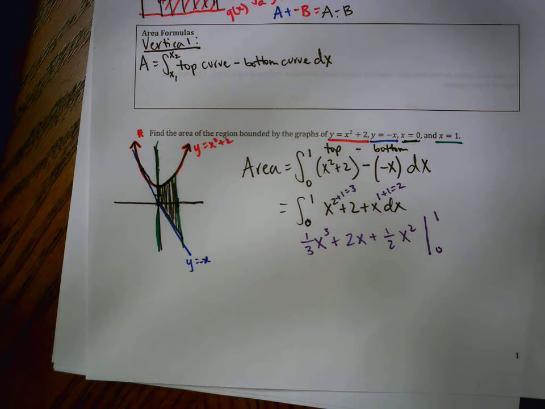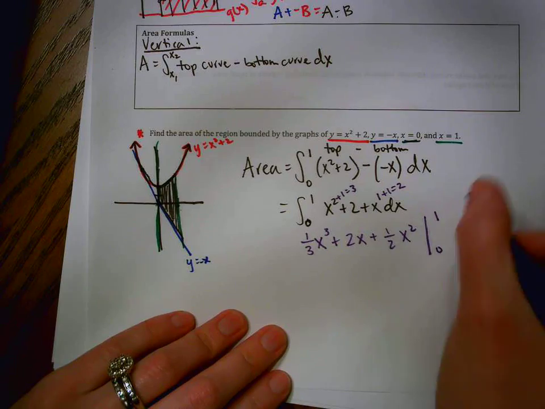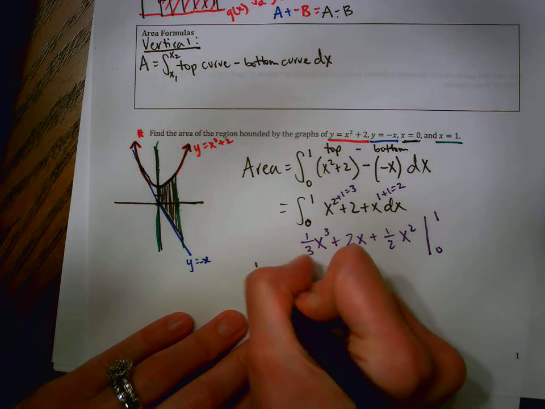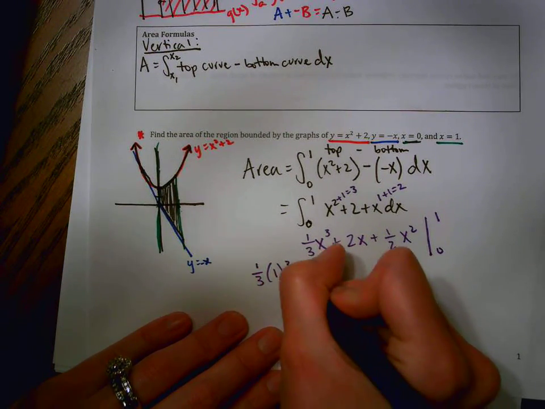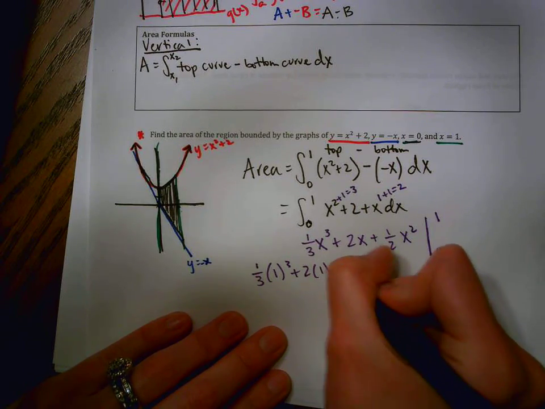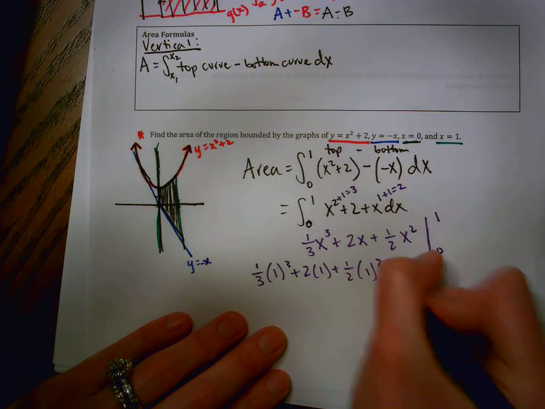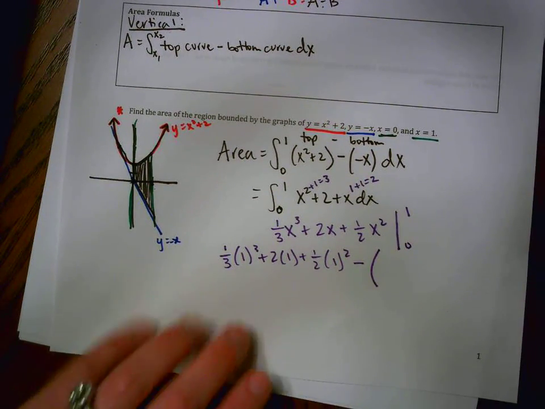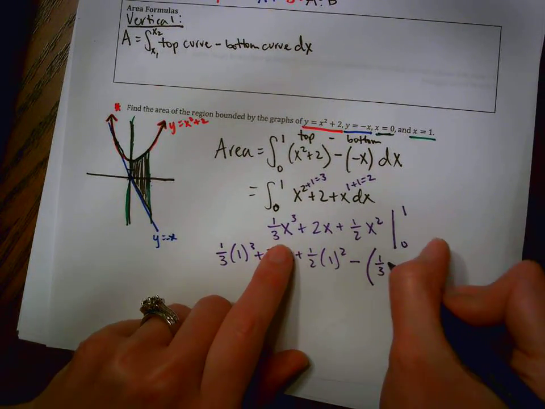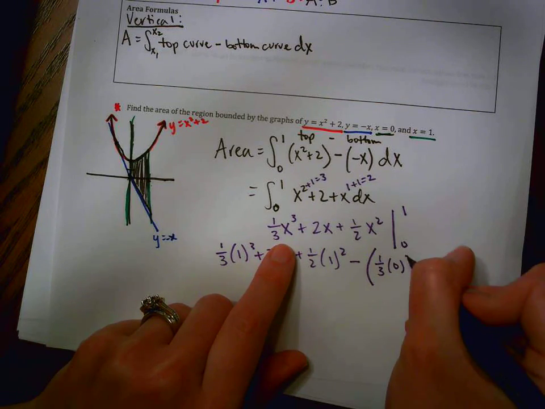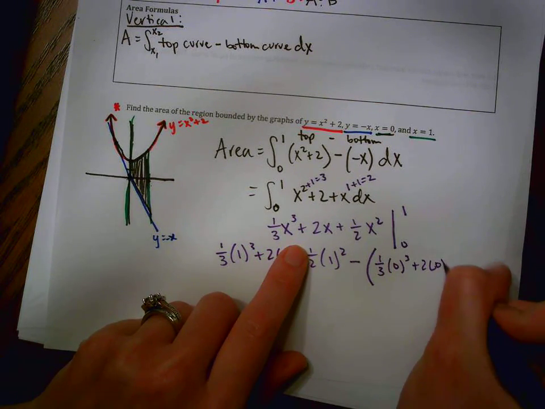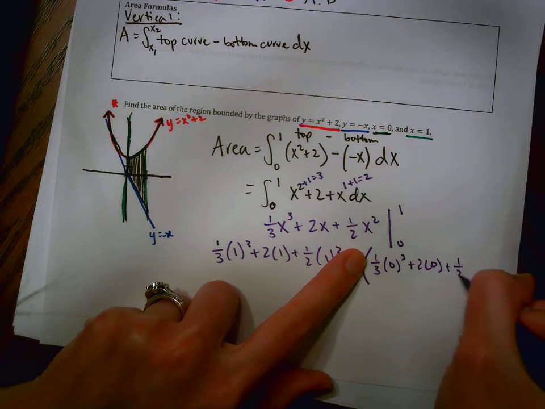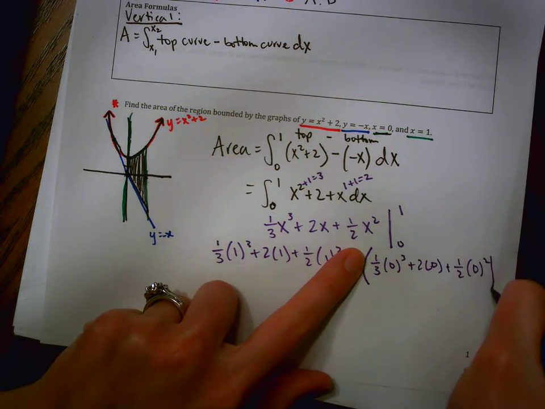Okay, so then, sorry, I was just making sure. Now we're going to do f of b minus f of a. So our b is 1, so you're going to do 1/3 times 1 cubed plus 2 times 1 plus 1/2 times 1 squared, minus, always put your minus in parentheses, your f of a, 1/3 times 0 cubed plus 2 times 0 plus 1/2 times 0 squared.